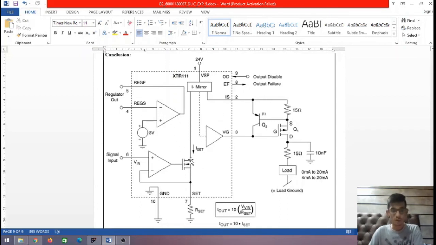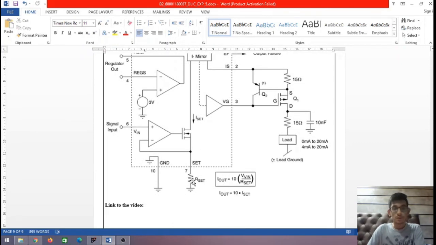It uses a MOSFET, and it has an RSET resistor which can be connected to the 7th pin. By changing the resistance value, we can get a relation between V in and I out.